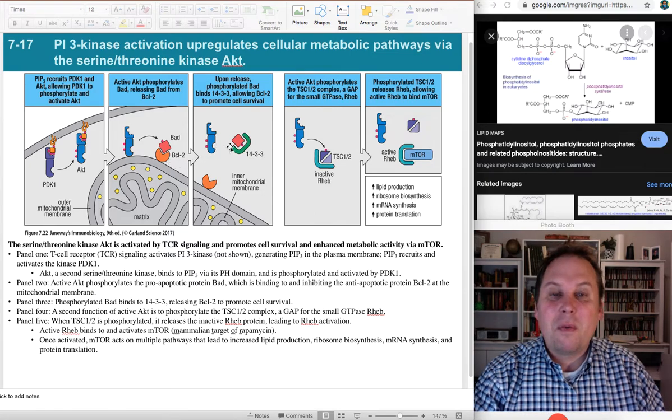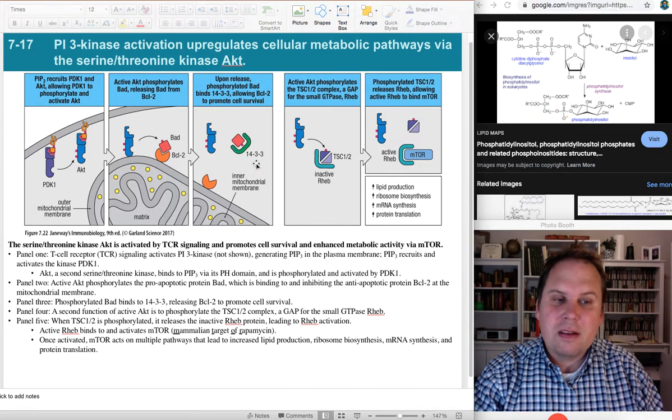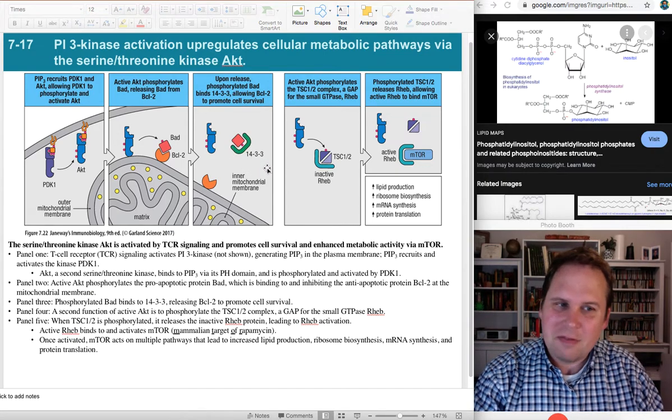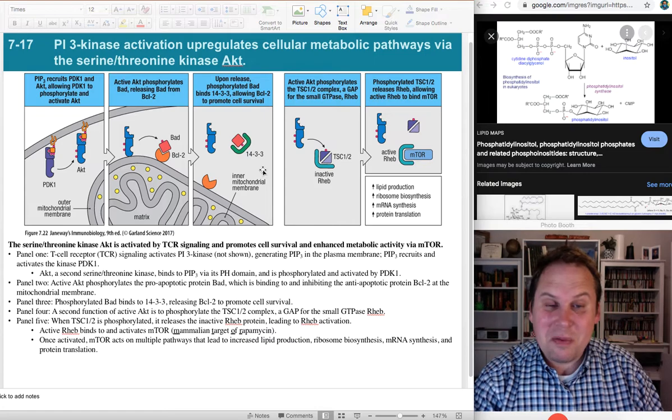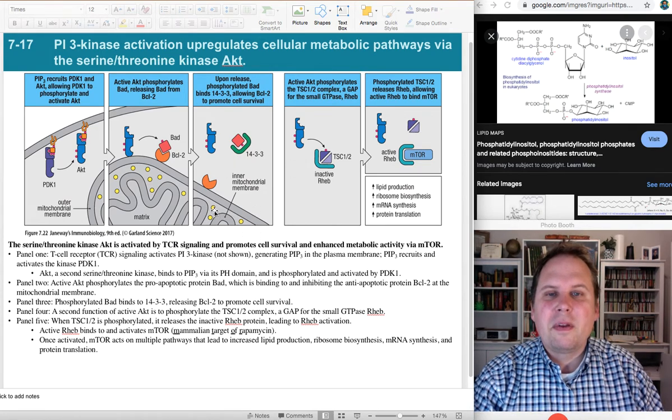Once BAD is released, it'll bind to a protein that is called 14-3-3. Doesn't seem like a protein named that badly could be famous, but this is quite famous. I believe there are different 14-3-3 proteins. Once that happens, that is going to promote cell survival.